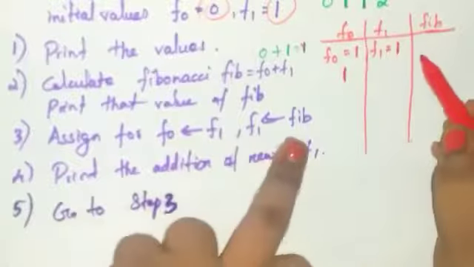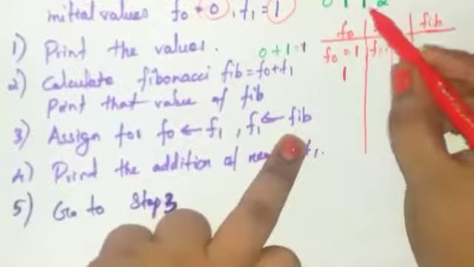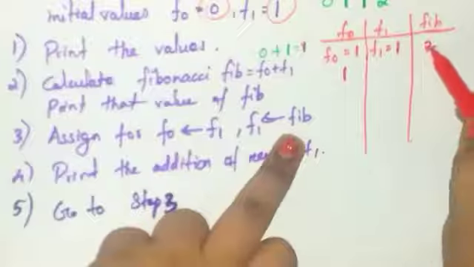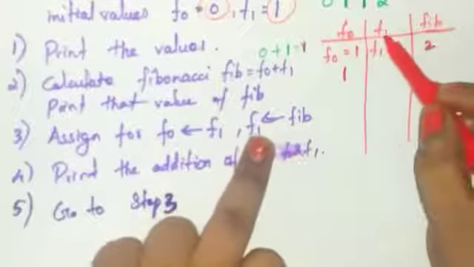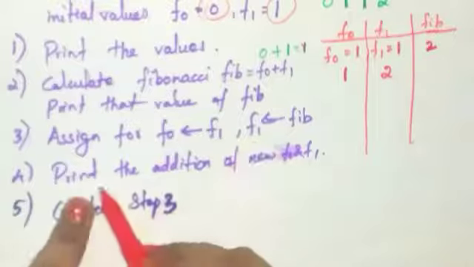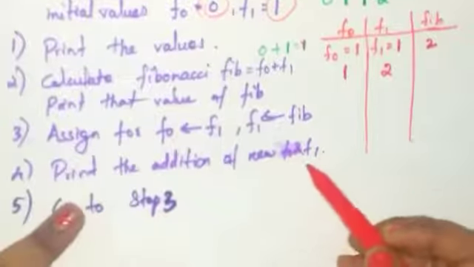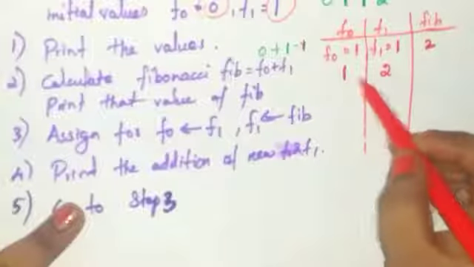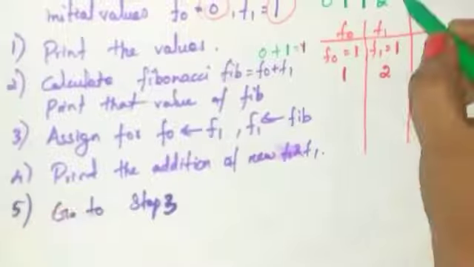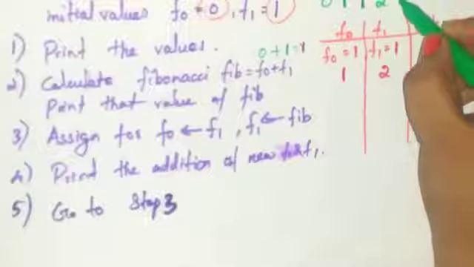And the fib value is 1 plus 1, 2. So you have to assign this value to F1. Then see the next step: print the addition of new F0 and F1. 1 plus 2 is equal to 3. So the next Fibonacci series number is 3.